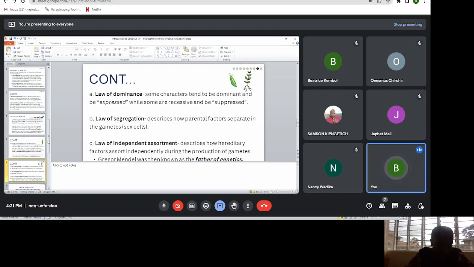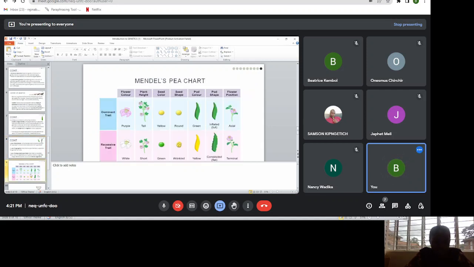From there, I'm going to display for you a chart on Mendel's experiment. As you can see, the chart has the dominant and recessive traits for flower color, plant height, seed color, seed shape, pod color, pod shape, and flower position.